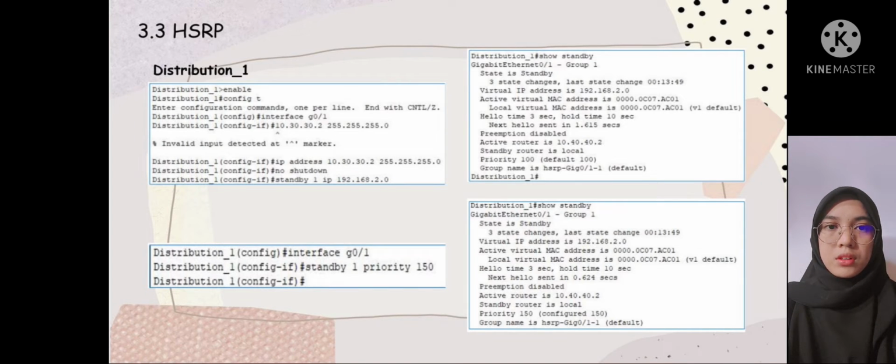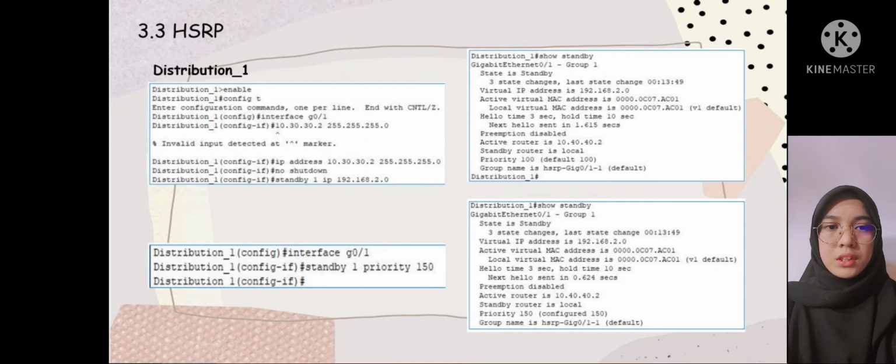3.3 is configuration for HSRP. In distribution 1, we are going to configure the interface G0/1 with the IP address 10.30.30.2 255.255.255.0, no shutdown, and configure standby 1 IP 192.168.2.0.